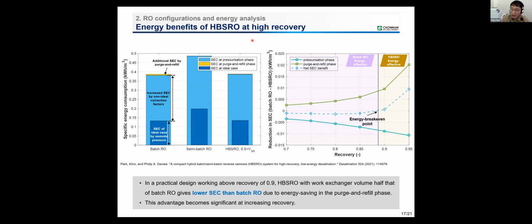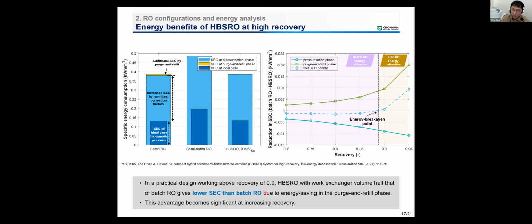And at high recovery desalination, over 90%, the additional SEC in the purge and refill phase can be minimized by reducing the size of the work exchange vessel. Then the hybrid batch RO system has a lower energy consumption than the batch RO system in practical analysis.